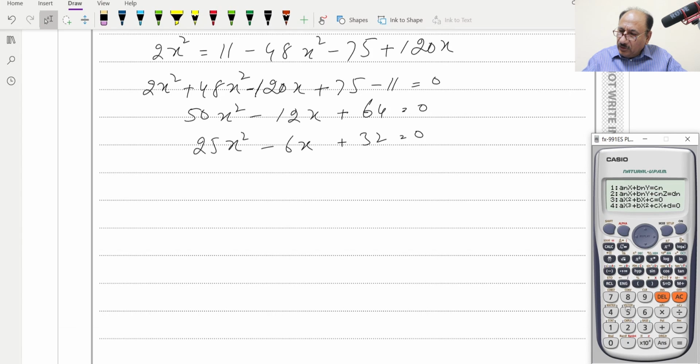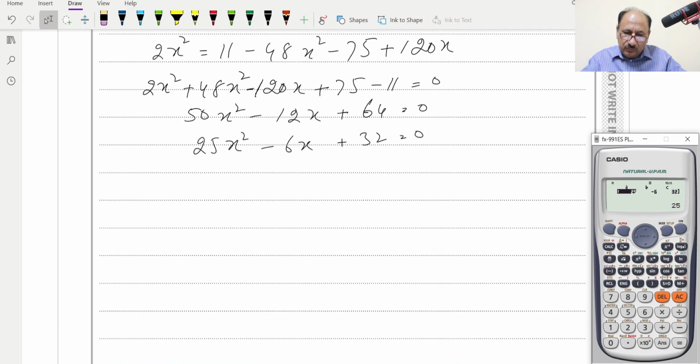So in mode 5(3), the coefficient of x squared is 25, coefficient of x is -6, and constant value will be 32, and this will be equal to... why is it giving an out of format?